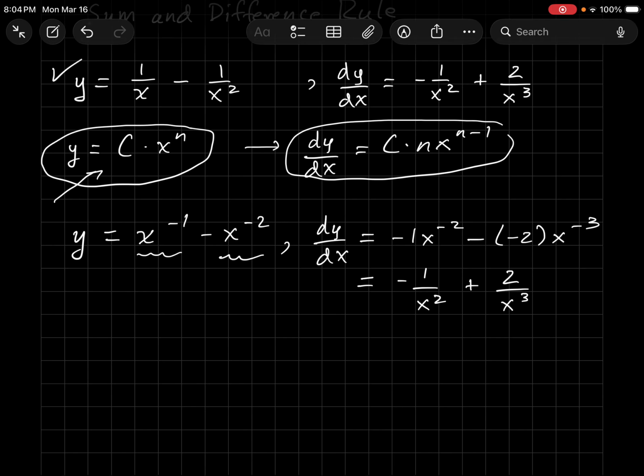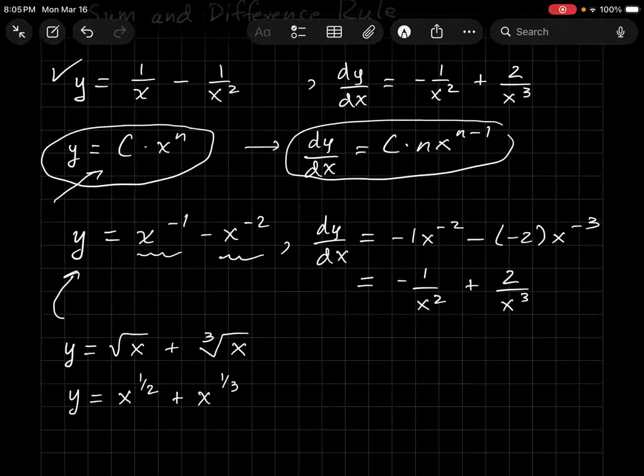Let's take a look at one last one. What if my function is the square root of x plus the cube root of x? Just like this one above, we're going to want to rewrite our function into a form that I can use. That is, some number, in this case 1, times x to a power. And I need to do it for both of these.